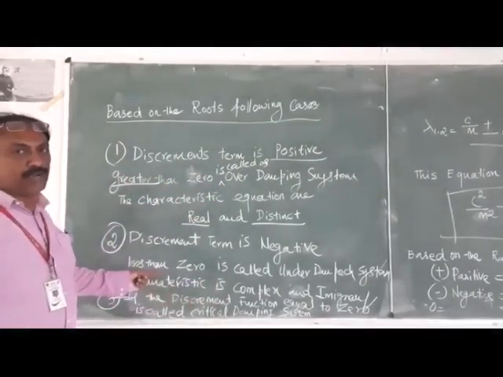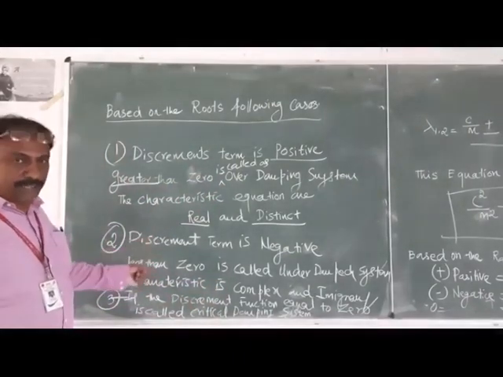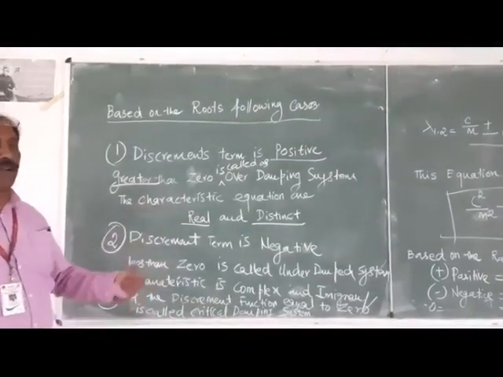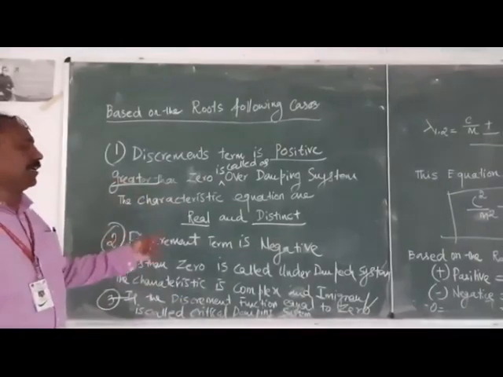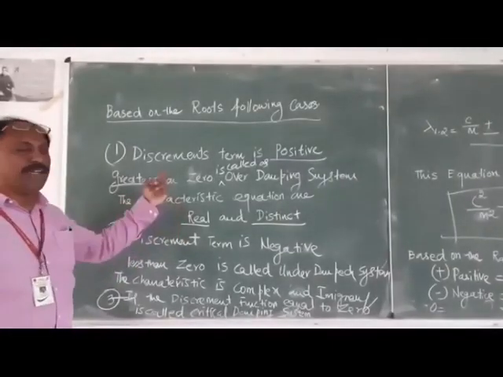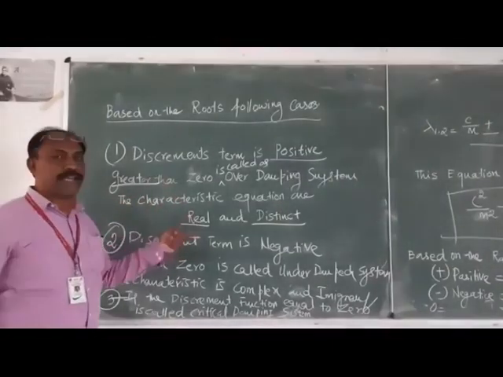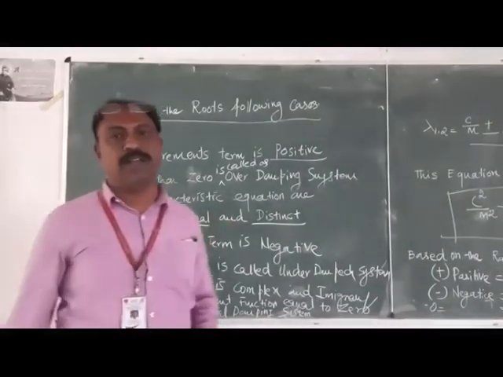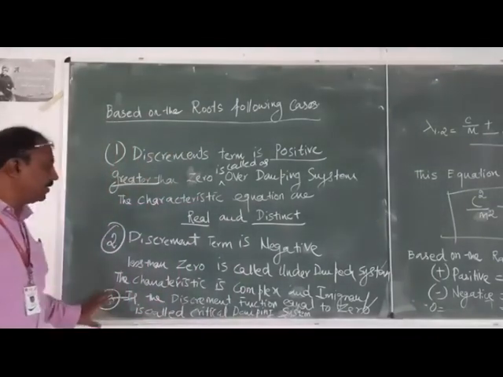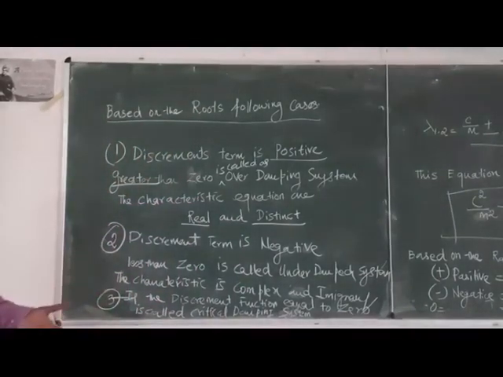If it is negative, it is called an underdamped system, and the roots lie in an imaginary and complex manner. If the discriminant is positive, the roots are real and distinct. Understand? If we solve these three equations, we get the solutions.